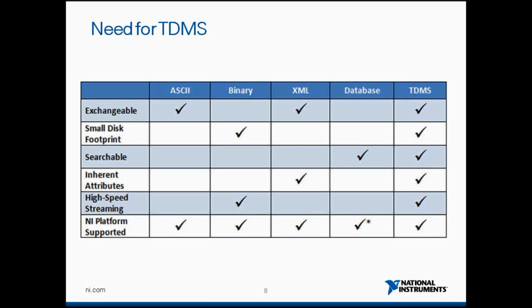Now we have various file formats which can be used. Then why is it that we have a need for TDMS? The reason is various file formats have their own advantages and disadvantages. So National Instruments have developed the TDMS file format to help scientists properly store large amounts of data that they generate during simulation and results.